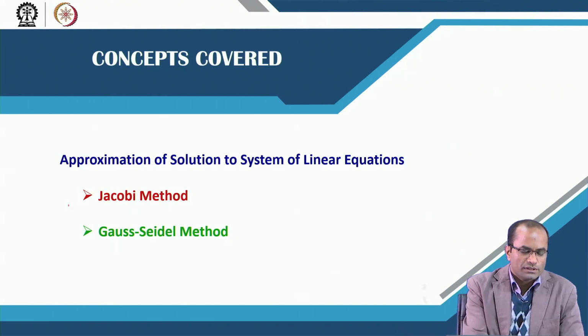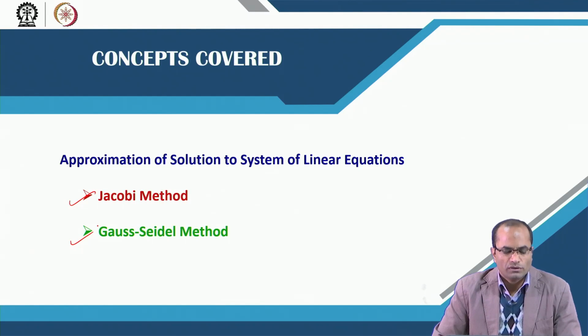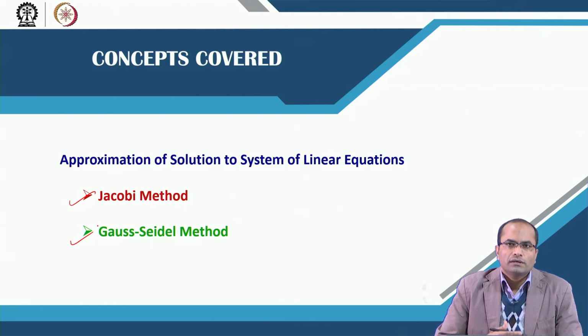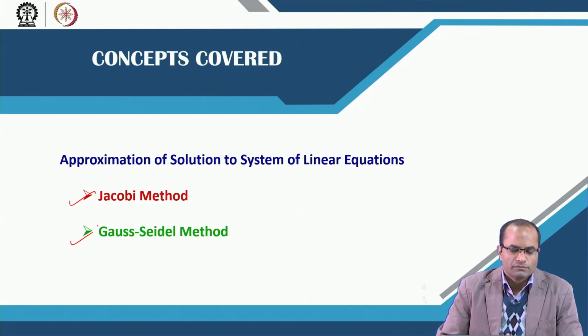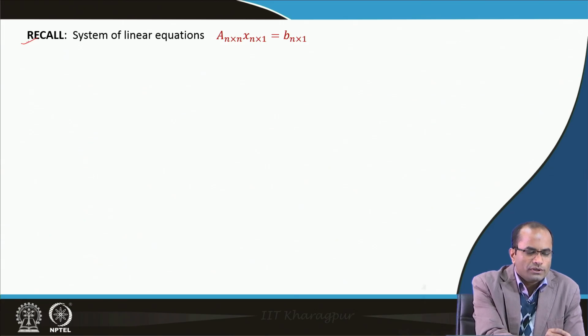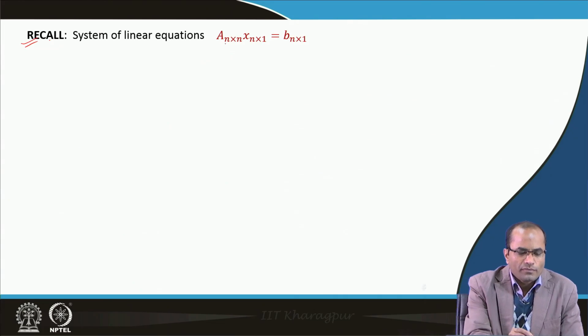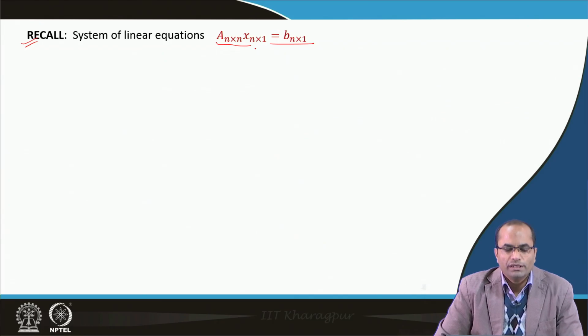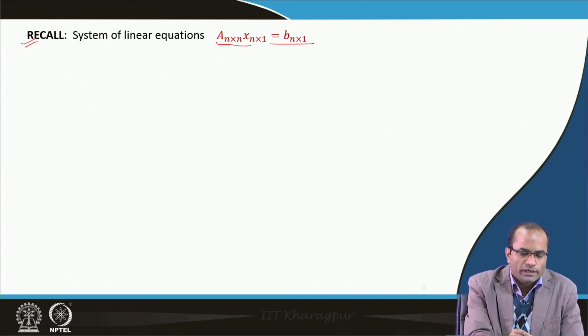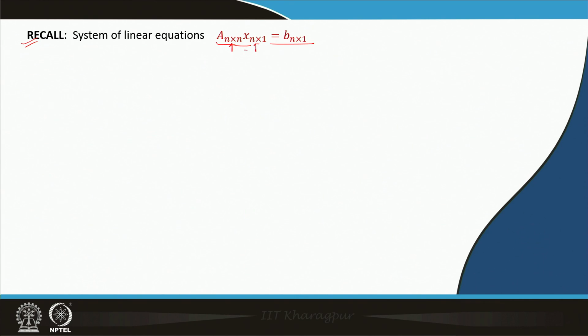So, basically using Jacobi method and also using Gauss-Seidel method, we will see how to get the solution of a system of linear equations. Just to recall, if we have a system of linear equations, let us say Ax = b, where A is an n cross n matrix, x is an n cross 1 column vector, and b is also a column vector with n components.